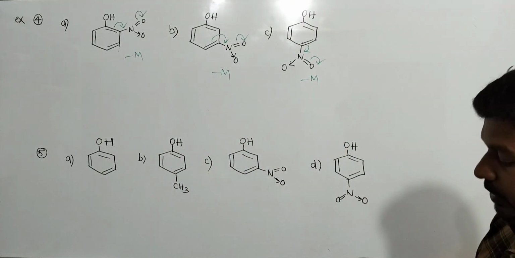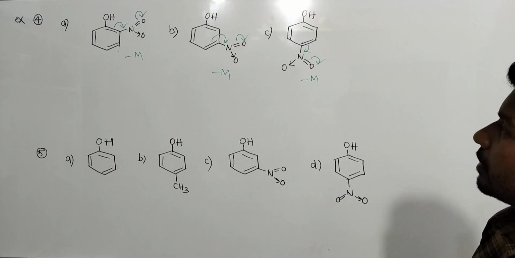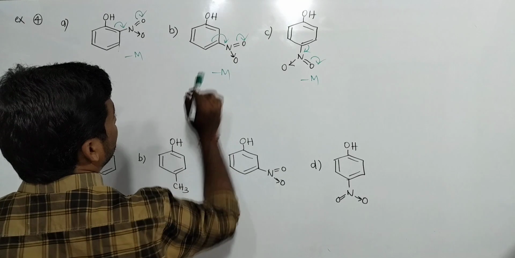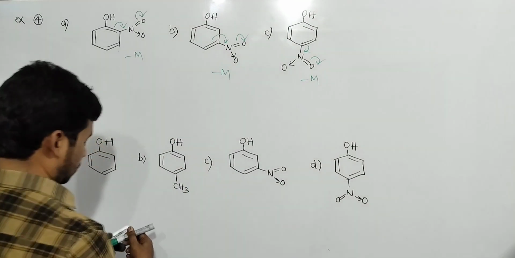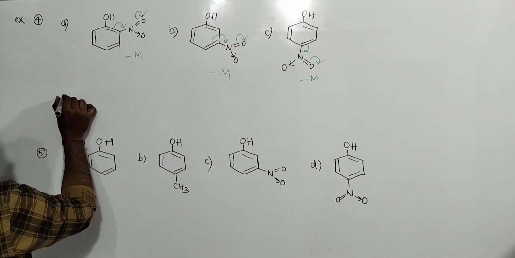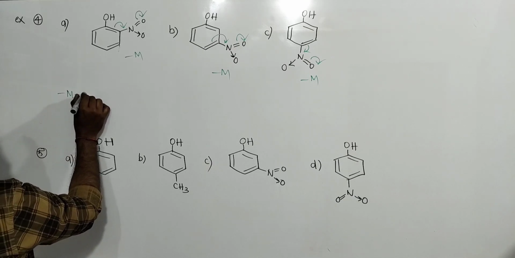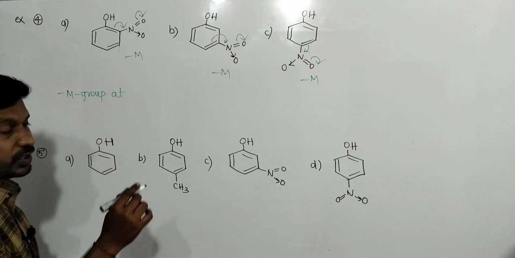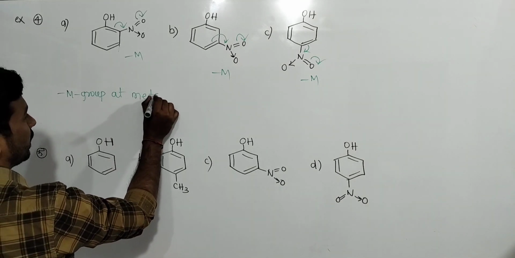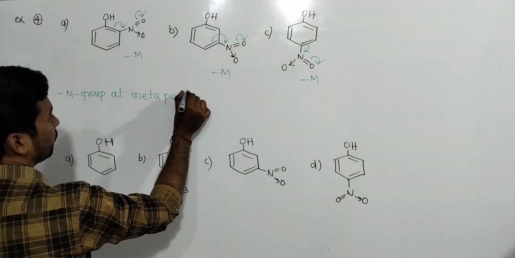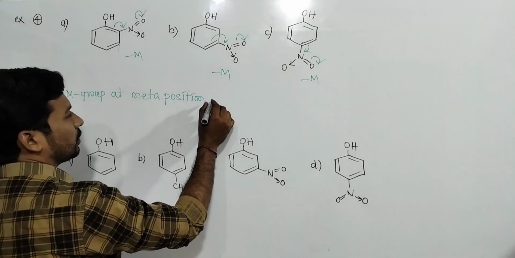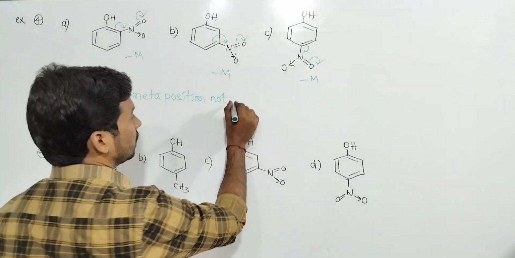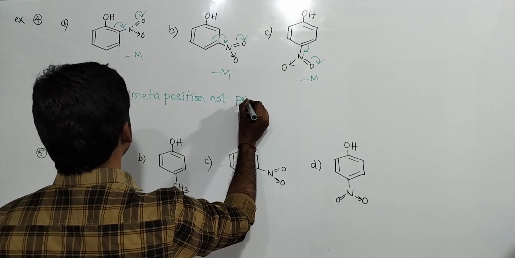Then which one is more stable? Which one is more acidic? See, compare here. Minus I group, note this point. Minus I group at meta position is not present.